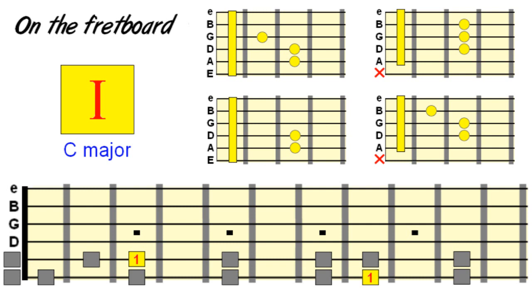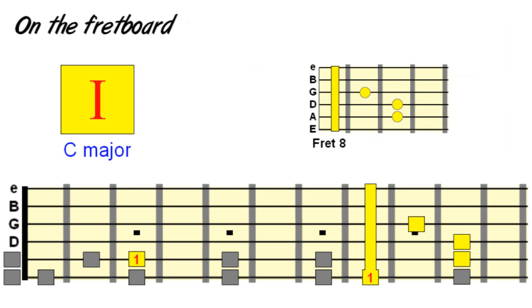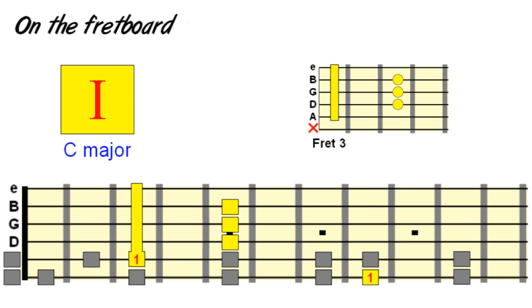We have the choice of using an E form bar chord at the 8th fret, an A form bar chord at the 3rd fret, or an open C major form again at the 3rd fret.